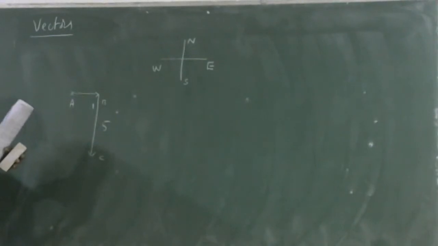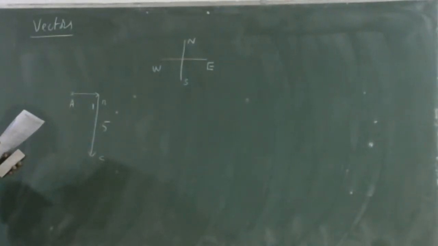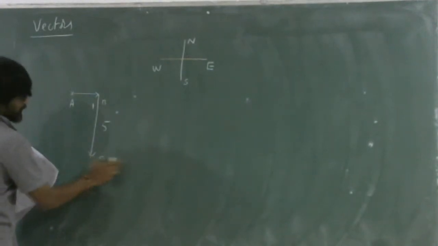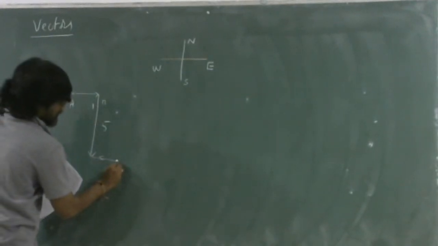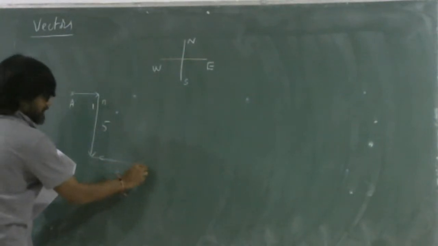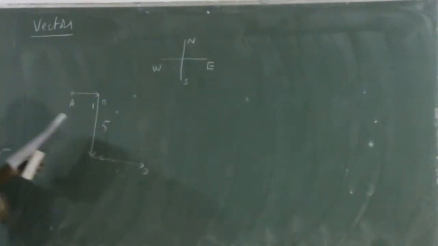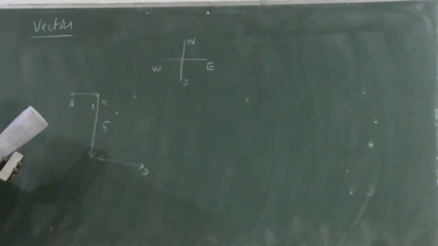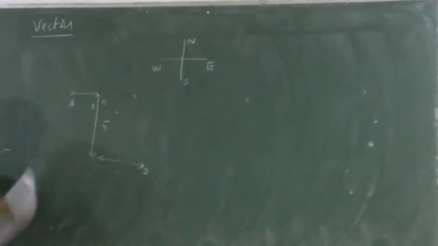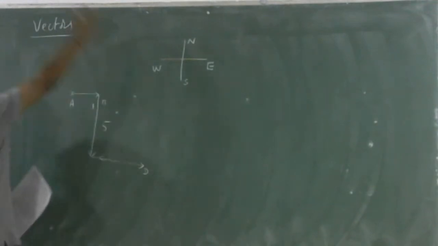Then 2 miles due east. From here again 2 miles due east he has traveled. So, this is point D, let us say. And finally 9 miles due north. North means up.